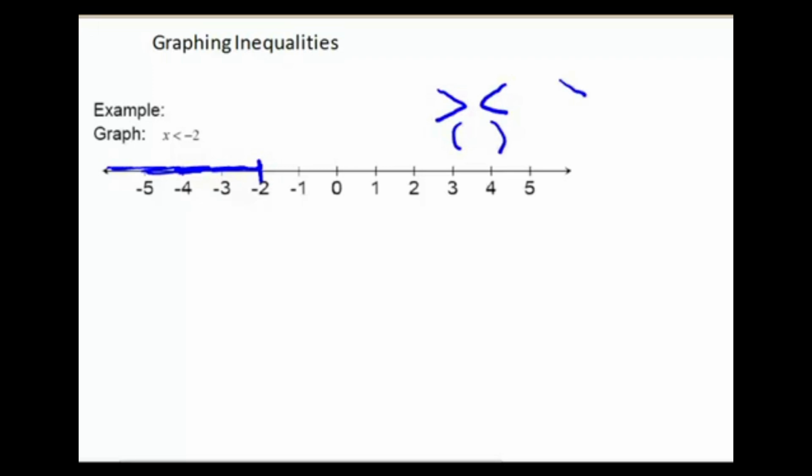If we have an equals underneath, we will include it, and we will denote that with a bracket opening in the direction of the shading. So notice on your inequality symbol there is no equals underneath, so we want to use parentheses, and we will open in the direction of the shading, so it needs to go to the left.